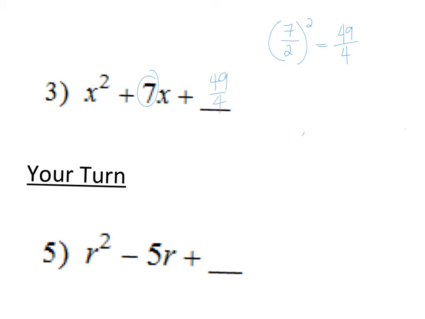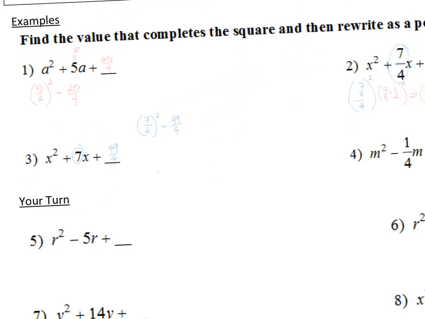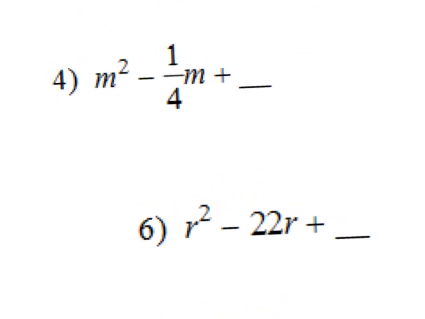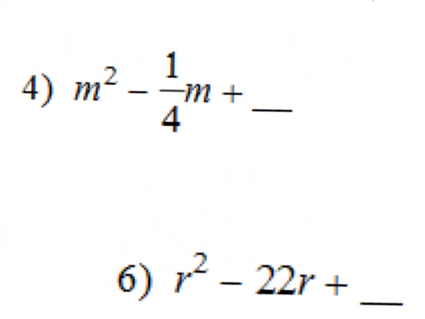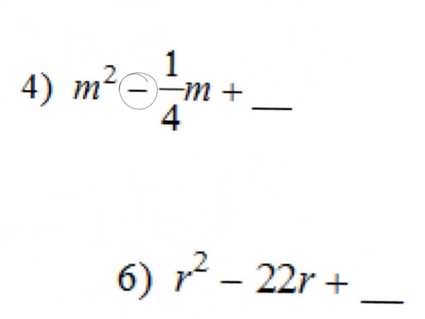What about moving to the next one? Don't forget, all these have been positive so far, but now I have a negative. I have negative 1/4 over 2, squared, and again, flip, skip, and multiply.